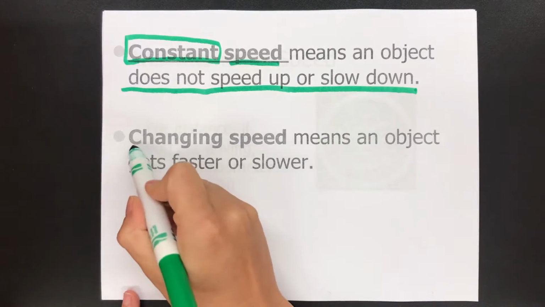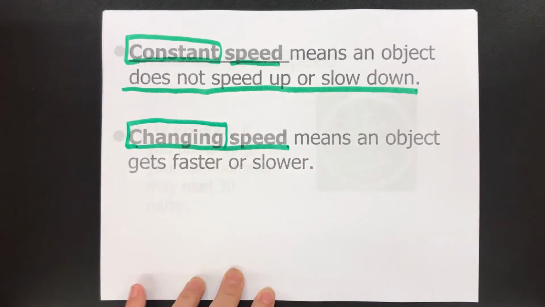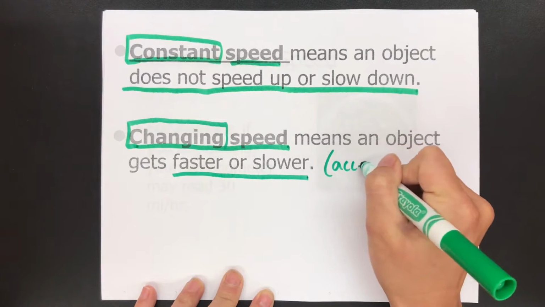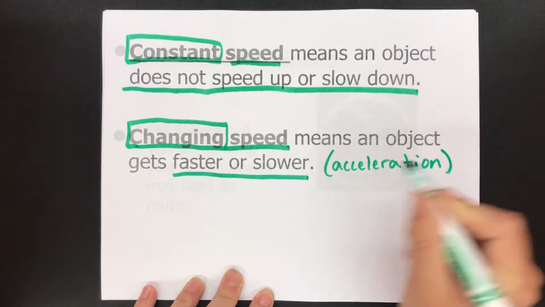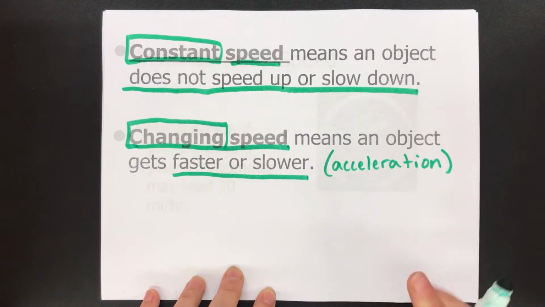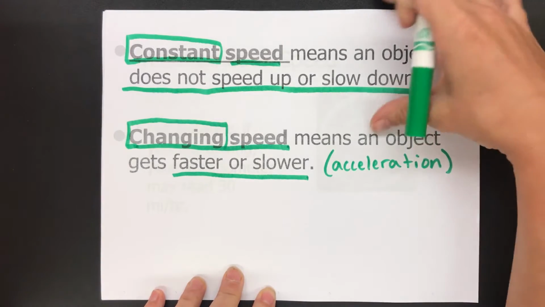Constant speed. Changing speed obviously should mean that it's either going up or down. Another word for this is acceleration. Acceleration means faster or slower. Acceleration is either one of them, and we're going to talk more about that later on in this unit.